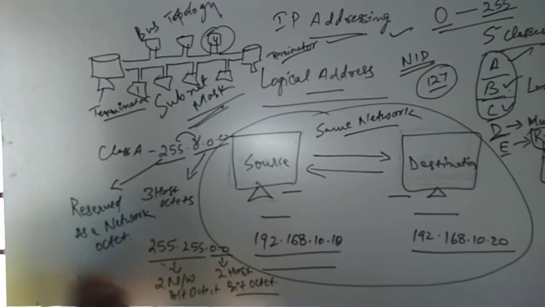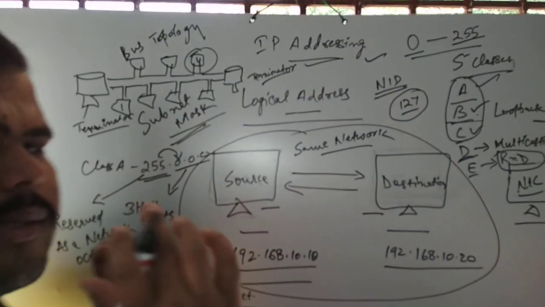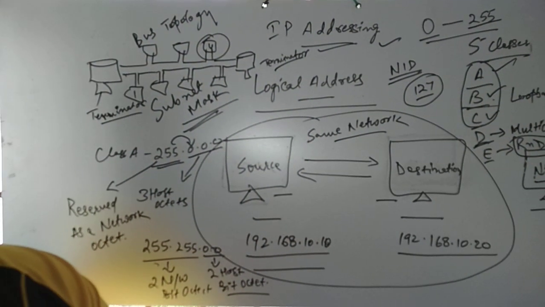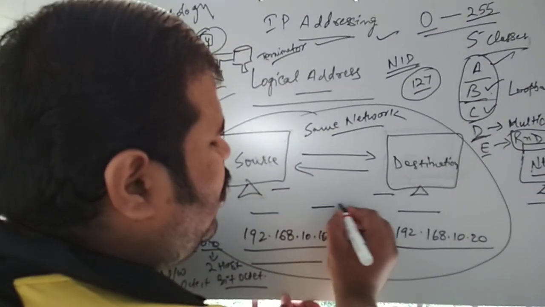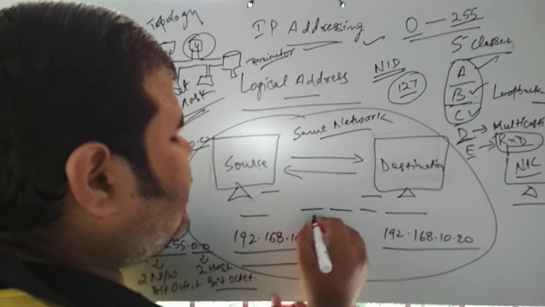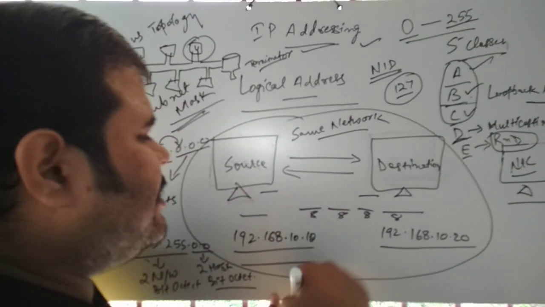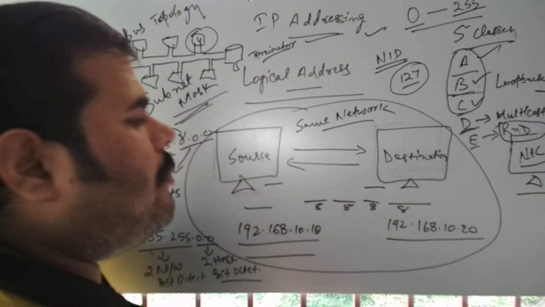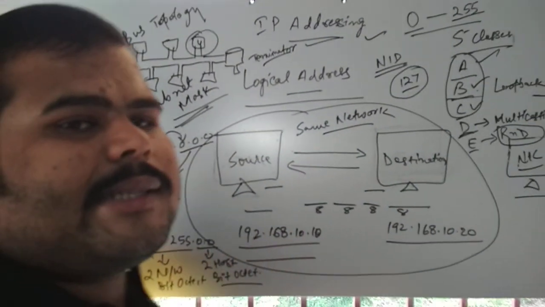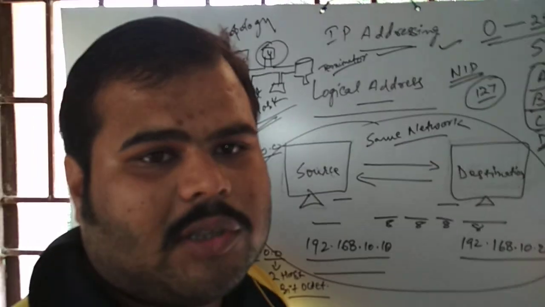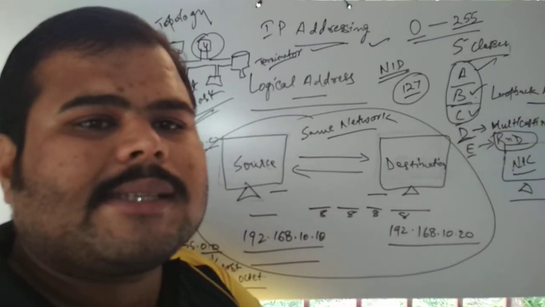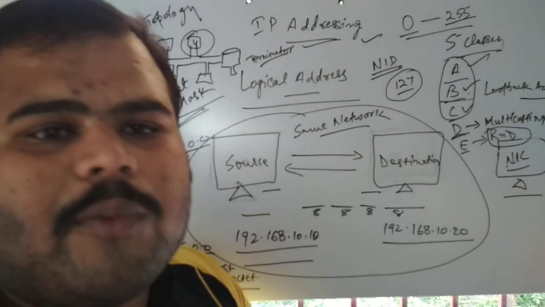Why is this value known as an octet? Because each and every octet contains 8 bits. The combination operates as per binary technology. Binary technology means the combination of 0 and 1.